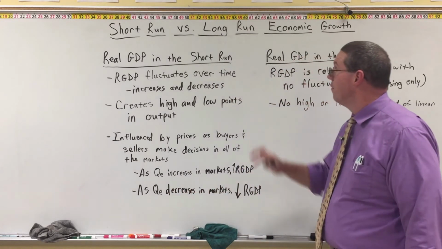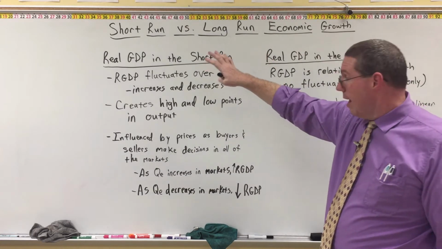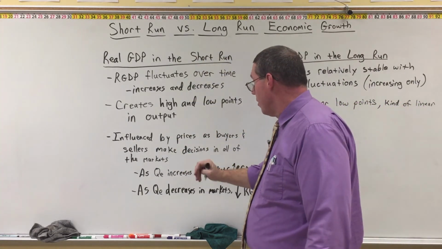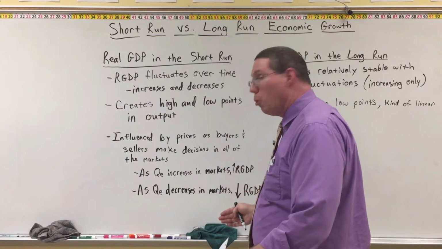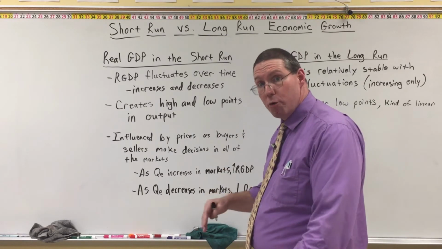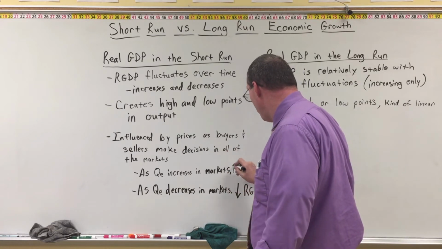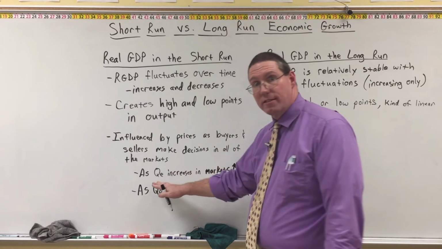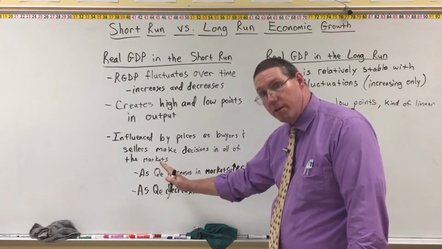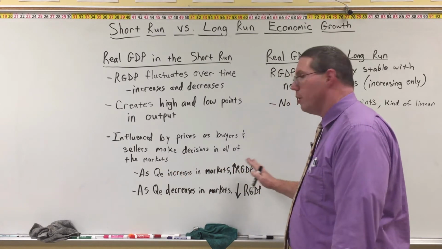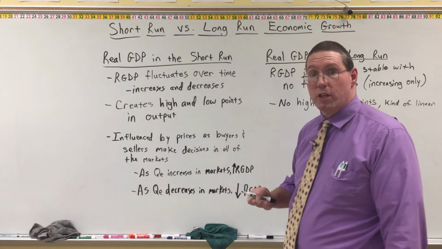And that's the idea of real GDP in the short run. Affected by prices, it is the accumulation of the actual quantities produced and sold in all of the different product markets, and therefore, because those quantities, equilibrium quantities, increase and decrease, real GDP will increase and decrease over time.